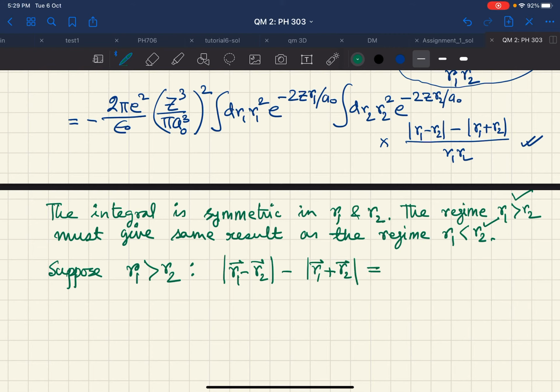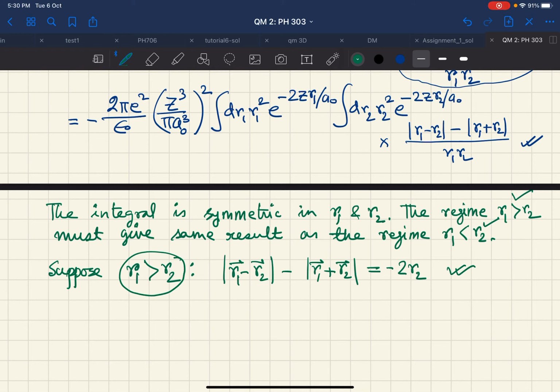Because r1 is greater than r2, we have just r1 minus r2 minus r1 minus r2. So r1 gets cancelled. We have minus 2r2. And we will just double the result once we have assumed that r1 is greater than r2.